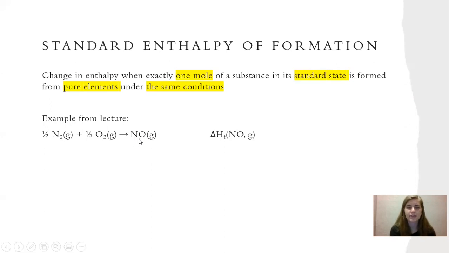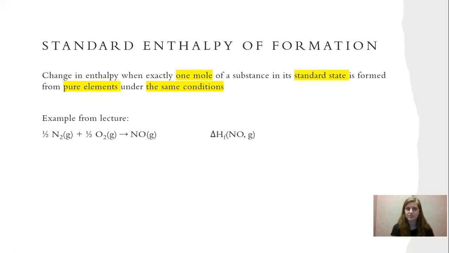Because of that, we don't usually see fractions in our normal chemistry reactions, but because we're looking for that 1 mole, it's actually okay to put fractions here. In fact, you'll probably see fractions when we're talking about enthalpy of formation, just because of what's needed to get 1 mole. So don't be confused by that.